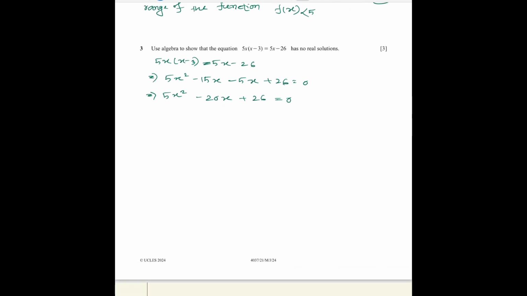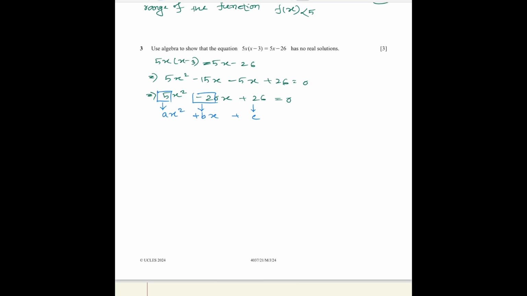If we compare the whole thing with ax squared plus bx plus c, then we can say that c is 26, b is negative 20, and a is 5.